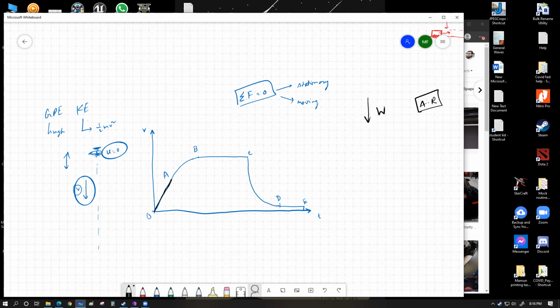The gradient of this segment OA, I'm using the term m for gradient, or actually I can write a, acceleration is equal to 10 meters per second squared. And for this scenario, we're considering air resistance to be absolutely negligible.